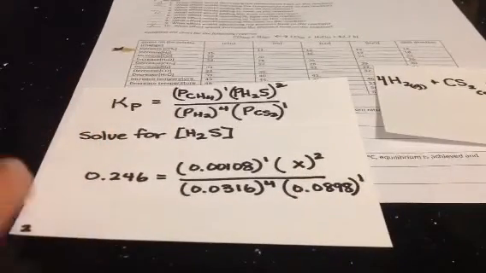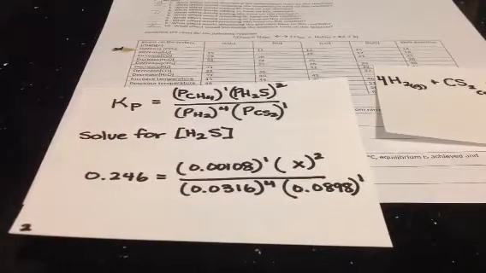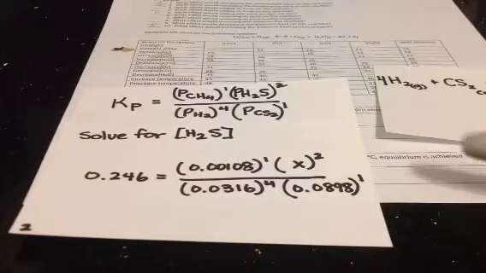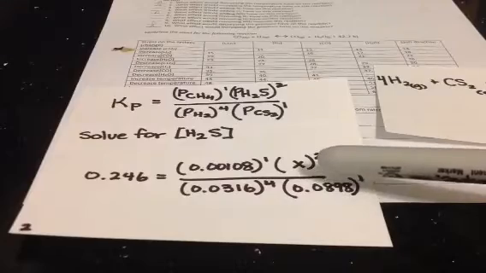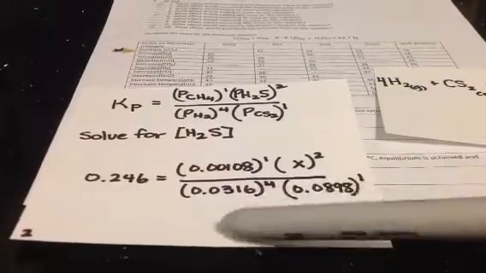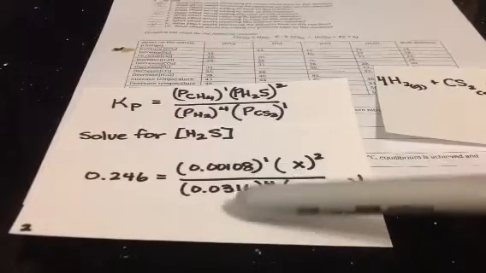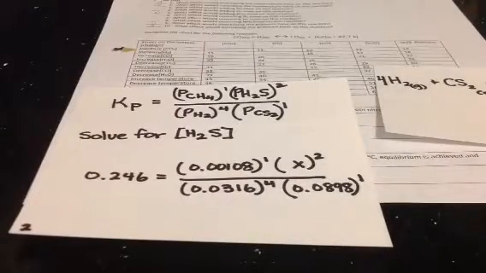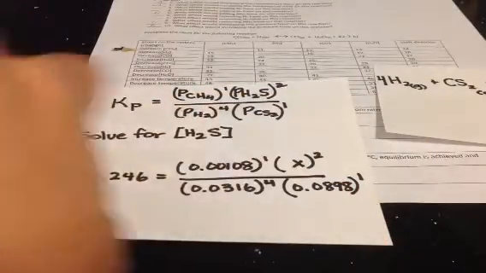Okay? So now all I have to do is some algebra 1. I need to isolate this x. I got to get that x all by itself. So lots of things are keeping that x from being alone right now. One thing I have to do is clear the bottom. In order to clear the bottom, I have to multiply both sides by the pieces that are on the bottom, and of course then these will cancel out.